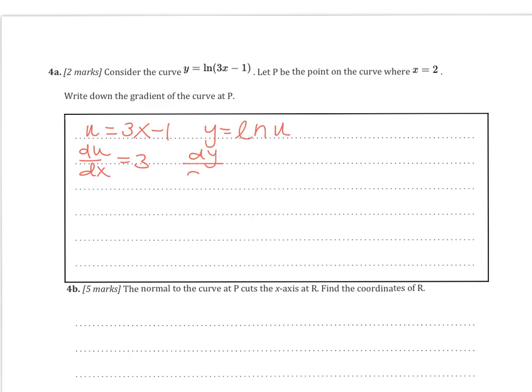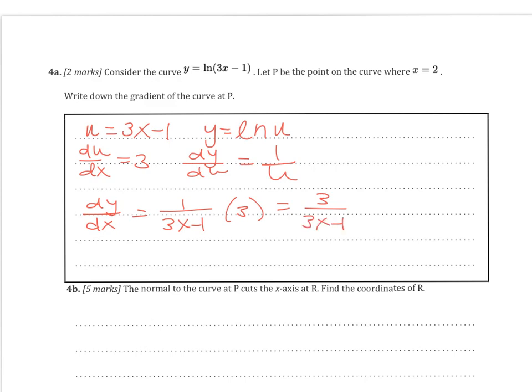And if we differentiate that, dy du becomes 1 over u. So our overall dy dx becomes 1 over u, and we know u is 3x minus 1, times 3. So that becomes 3 over 3x minus 1. So that's one of the tricky things.